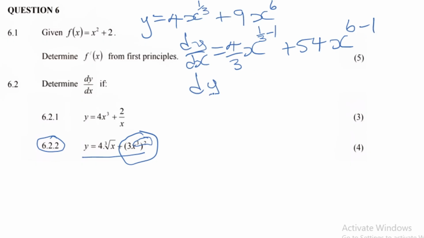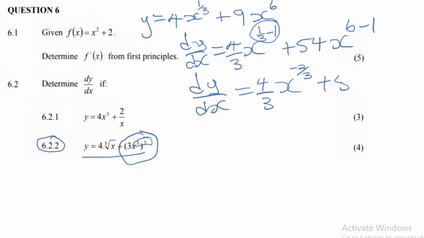Now dy over dx is equal to 4 over 3 x. If you simplify this, you will get negative 2 over 3 plus 54x to the power of 5. If you stop there, you get all the marks.